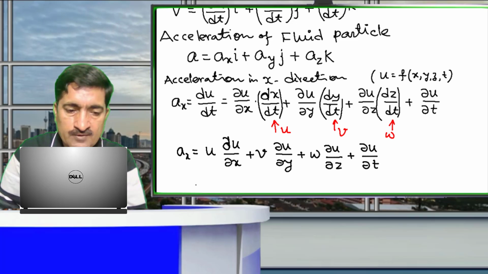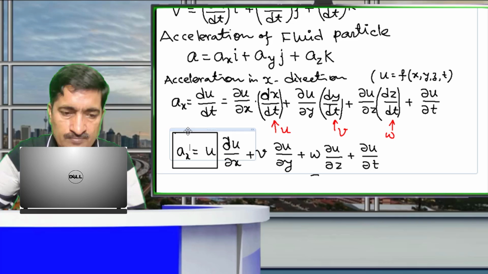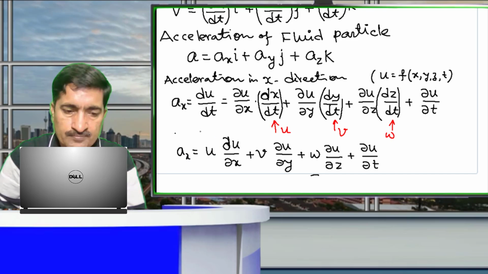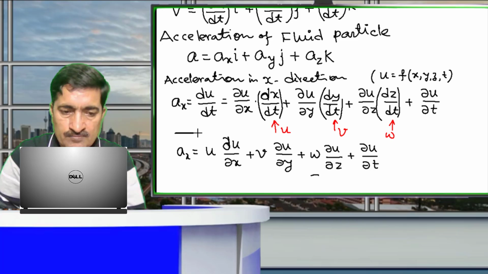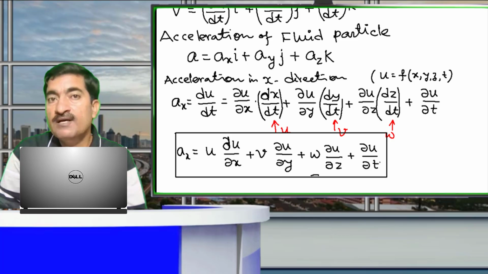So this is the acceleration in x direction.